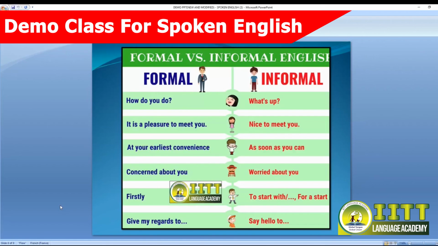So we take a lot of care in this particular section. When you are learning English from day one, we will give you the notion that this is formal, that is informal. Choose your way of speaking as per your situation. But first, know the difference.